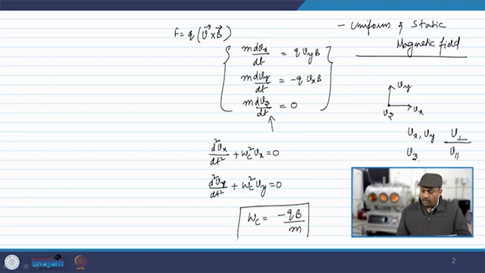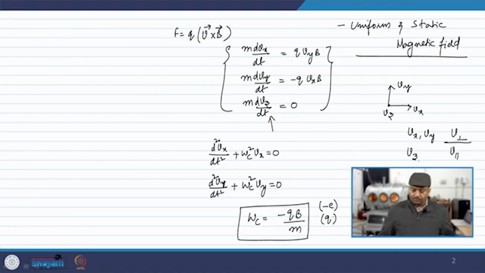And when we define minus q B by m, q can be positive or negative. So, q can be an electron, in this case q is minus e, or an ion where, let us say, q is a positive charge.